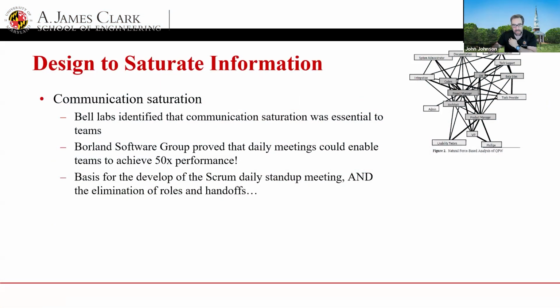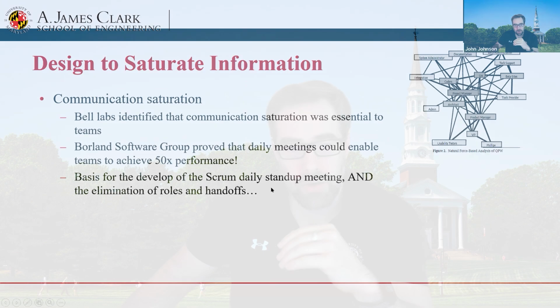And so we really want to work instead in small batches. There are a lot of benefits to working in small batches and having small teams. One of the things that we know from a study that was done at Bell Labs and evangelized by Jeff Sutherland in his book about Scrum, Doing Twice the Work in Half the Time, is that you can achieve great performance by simply increasing the level of information that people have about what other people are doing that's relevant to them.